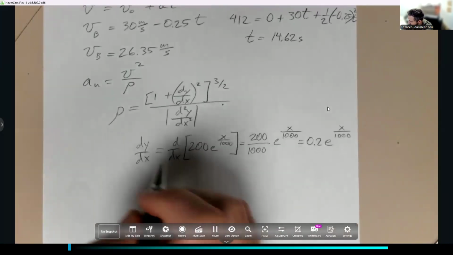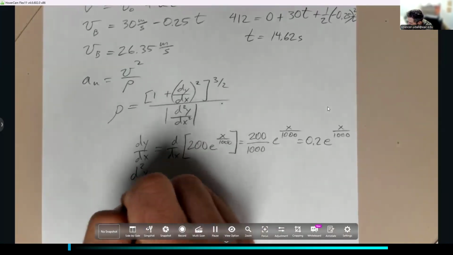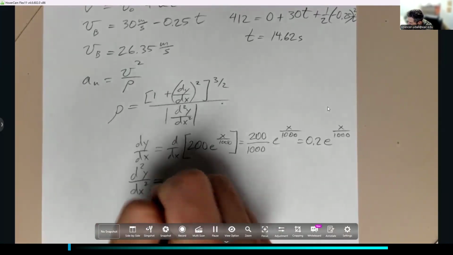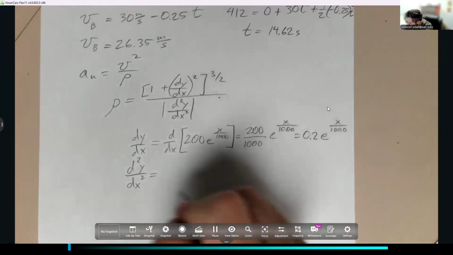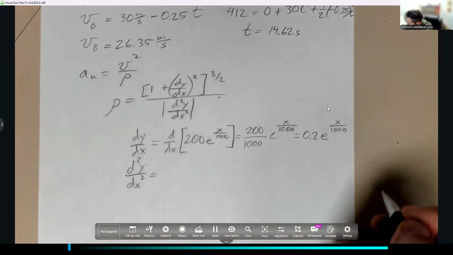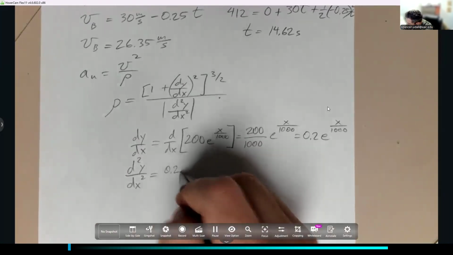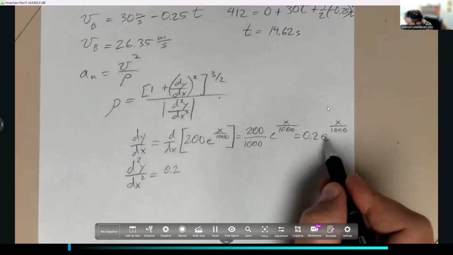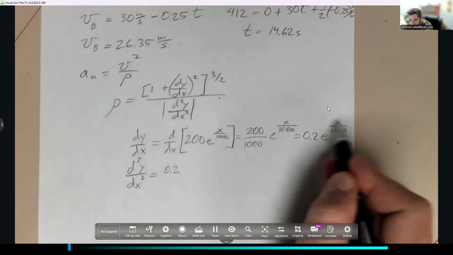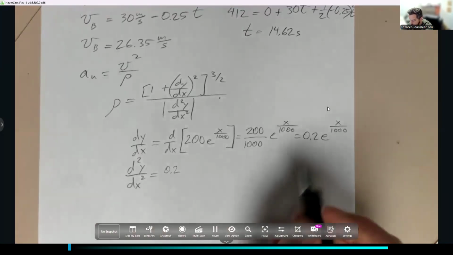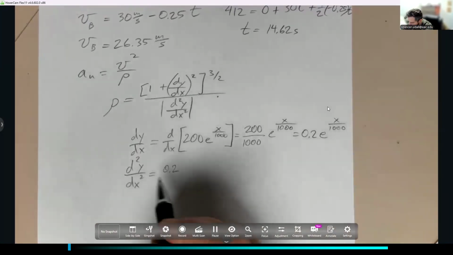We need to do it one more time. The second derivative would be the derivative of that, which would just be 0.2 e to the same thing, right? But there's a function inside of that, so we need to multiply it by 1 over 1,000, the derivative of the inside function there.